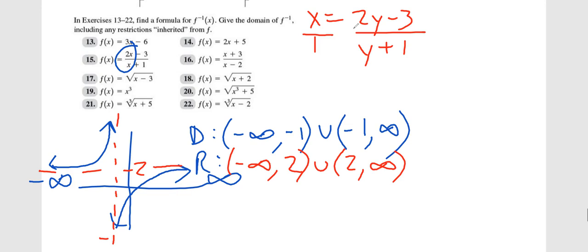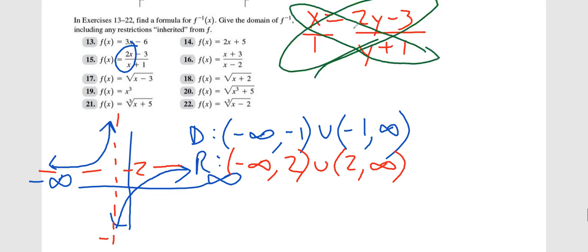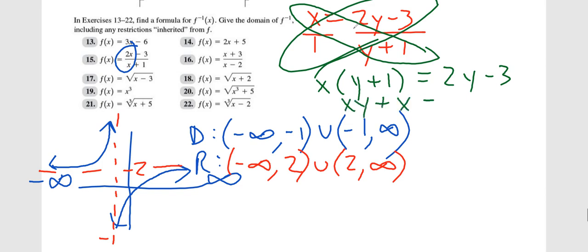Cross multiply. Excellent. Somebody paid attention to the first example we did. Nice. So we got x times y plus 1 equals 2y minus 3. All right. Now what? Distribute. xy plus x equals 2y minus 3.